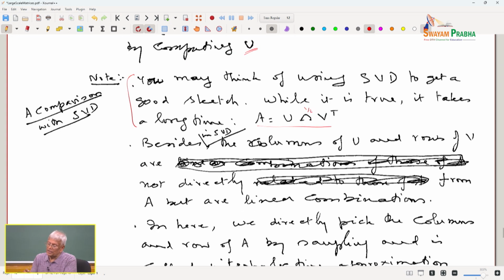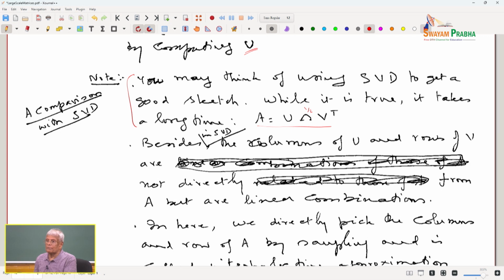Besides, the columns of U and the rows of V are not directly from A. This is another criticism of SVD. It looks like CUR: there are 3 factors, U playing the role of C, lambda to the power half playing the role of U, and V transpose playing the role of R. But what is the difference?